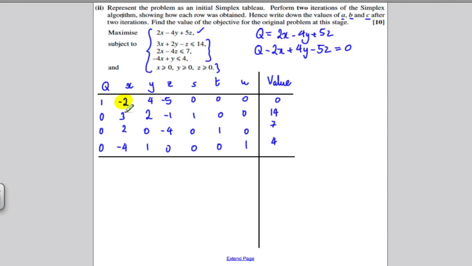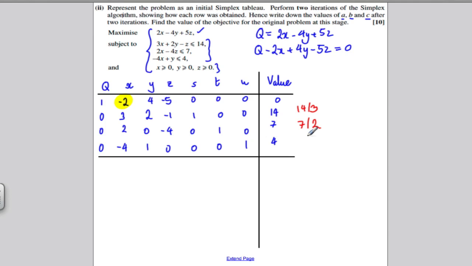I look down this column here, and I do the value divided by that column, the value divided by that column, and I don't do that divided by that because that's a negative. So I only perform two calculations. I say to myself 14 divided by 3, and I say 7 divided by 2.